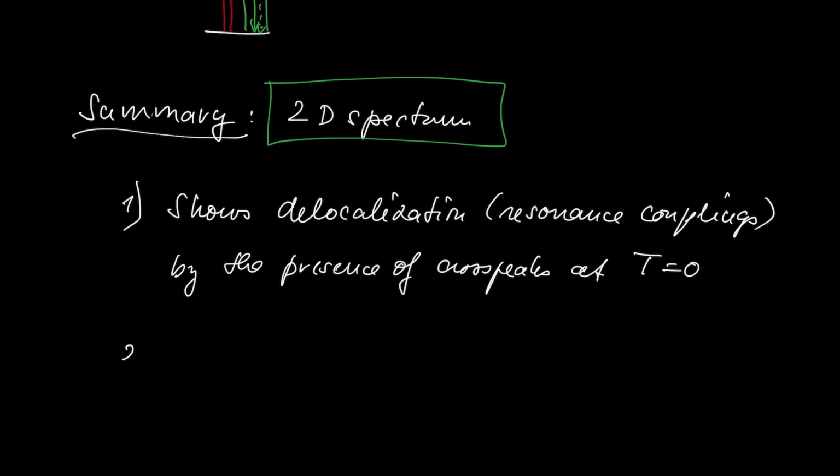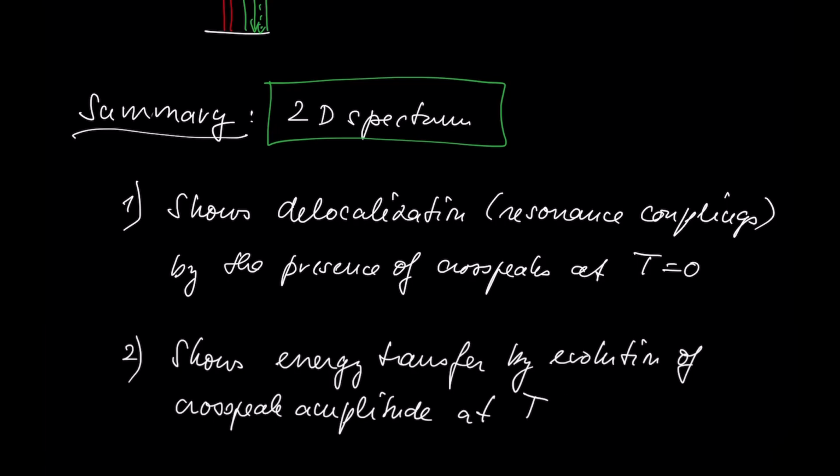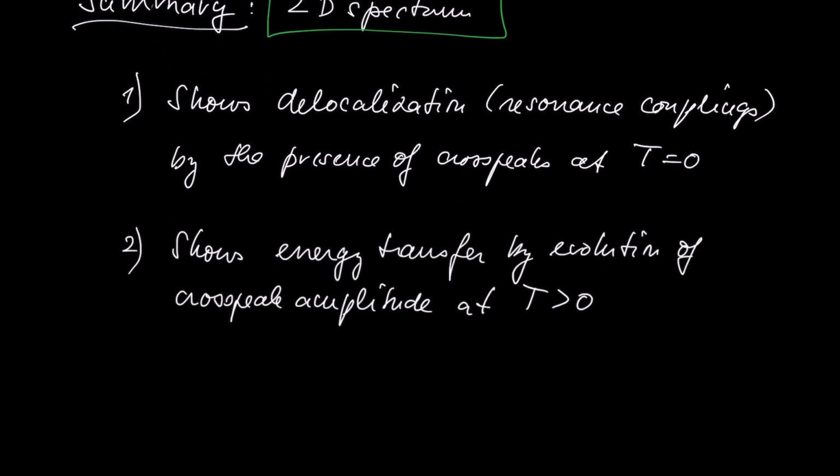So we also can say that it shows energy transfer by evolution of crosspeak, and actually diagonal peaks, but crosspeaks are the most important. Evolution of the crosspeak amplitude as a function of time, so it's the t larger than 0.